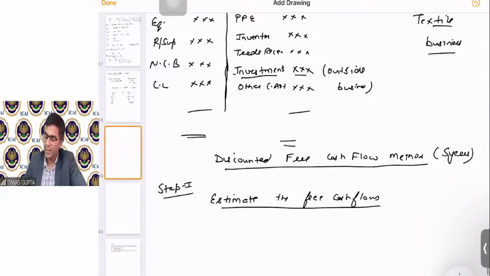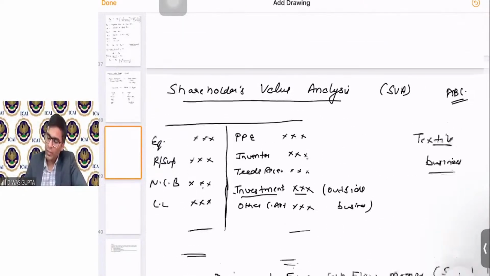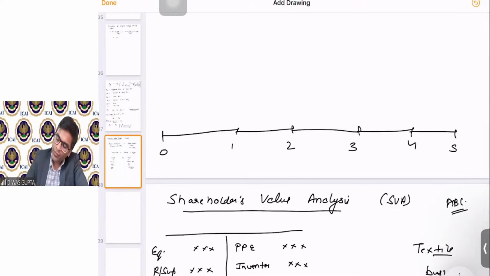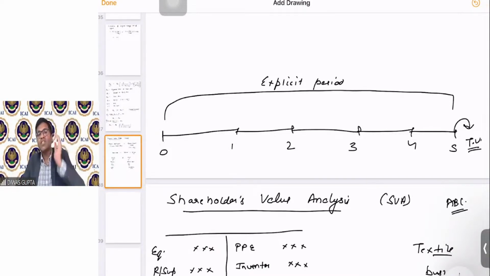terminal value will happen. Because students, I hope all of you remember in my previous session, what I told you is that it's not possible to estimate till perpetuity, right? One, two, three, four, five, and after this, there is a terminal value, right? This period we call as explicit period. Explicit period means specifically for which the estimates have been placed.